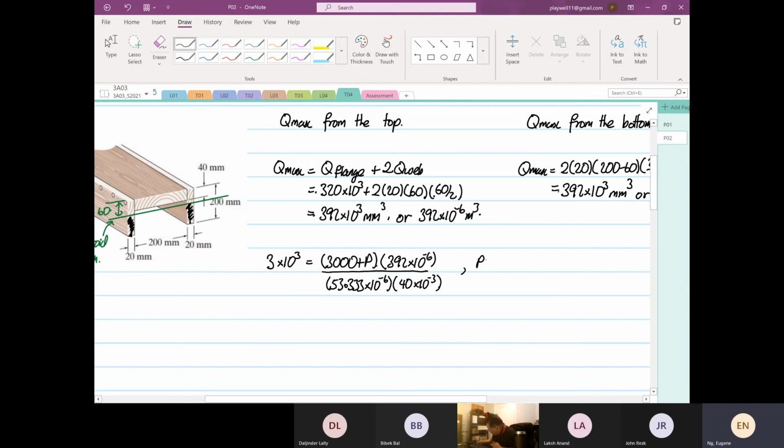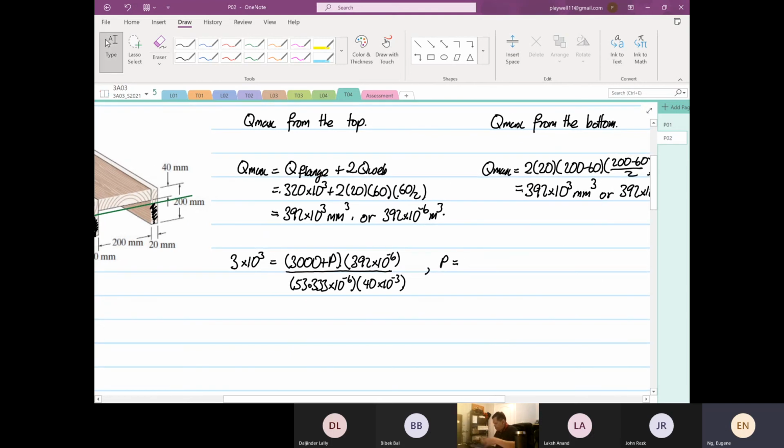So P will be equal to 3 times 10 to the power 3 times 53.333 times 10 to the power minus 6 times 40 times 10 to the power minus 3, divided by 392 times 10 to the power minus 6, then minus 3000. Oh, hold on, I did something wrong.